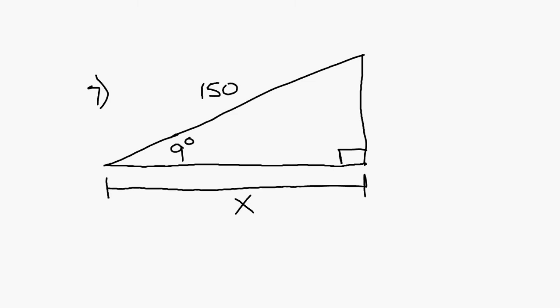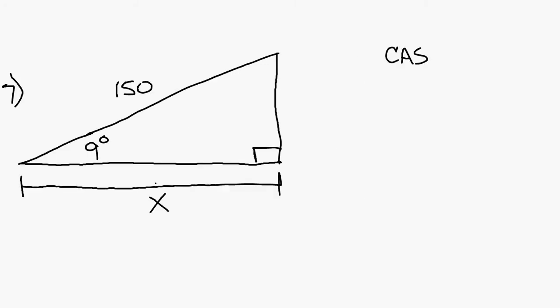I'll have to explain that when I'm done with this video. This is adjacent and hypotenuse. Adjacent and hypotenuse is cosine. Cosine of 9 equals the adjacent side over the hypotenuse.